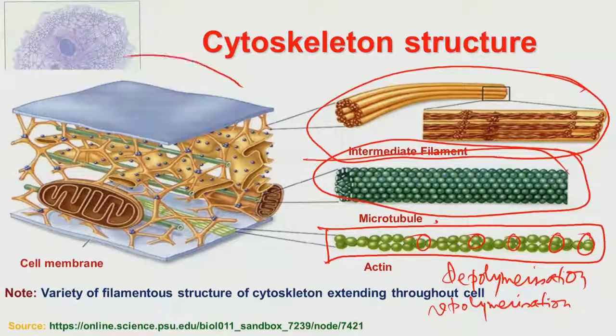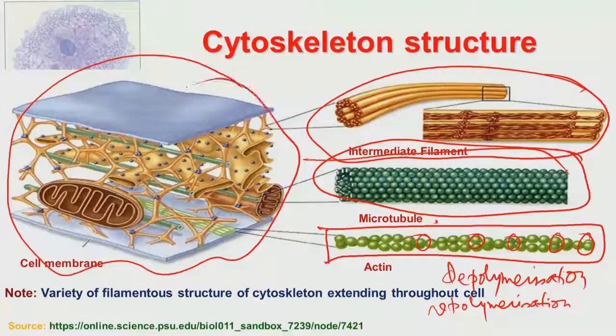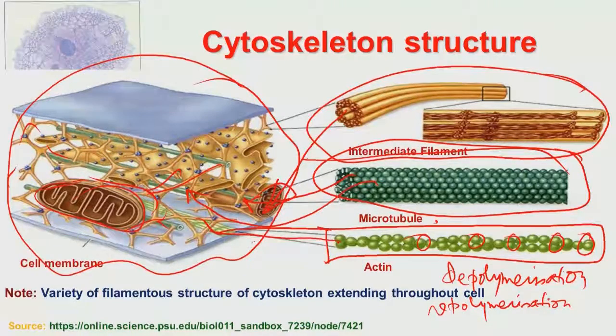Now, this has been shown very nicely in this part of the cell structure, where you can see this is your mitochondria and these are the different filamentous structures in the cytoskeleton. This is your intermediate filament, and some of the microtubules are shown here in the form of a large tubular structure, and also you have actin filamentous structures shown here.